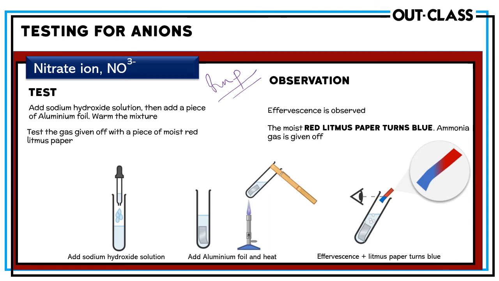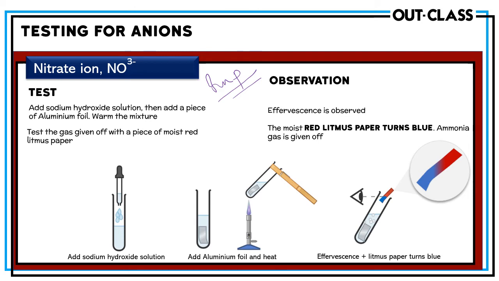If nitrate ion is present, what do you see? We'll see bubbles of a colorless pungent gas which turns damp red litmus blue. It is ammonia gas. So you see, if this gas is formed and litmus turns blue, it means ammonia gas is released. It means nitrate ion is present.